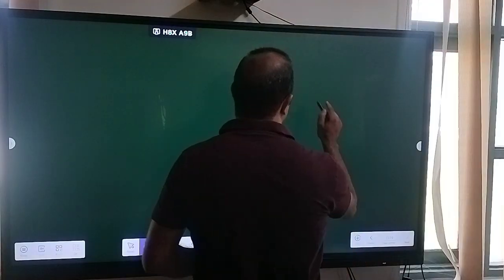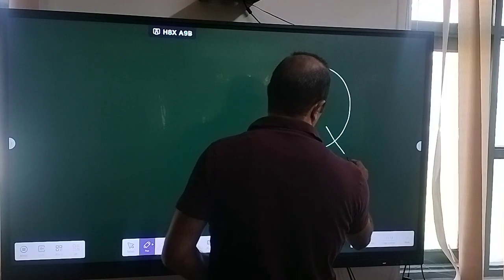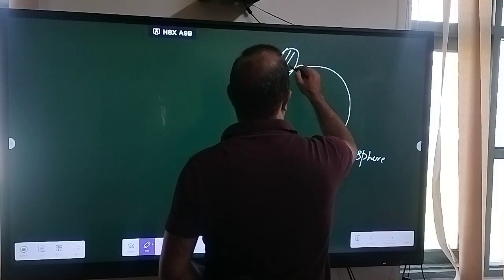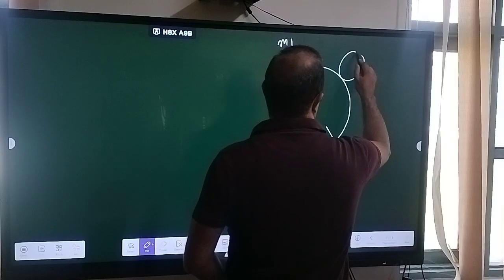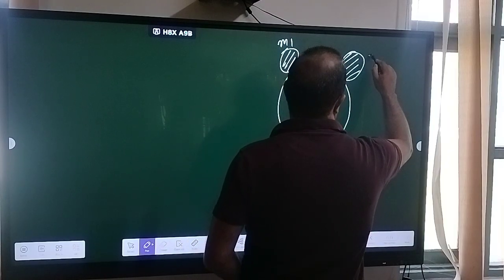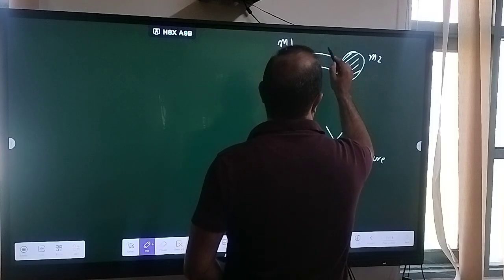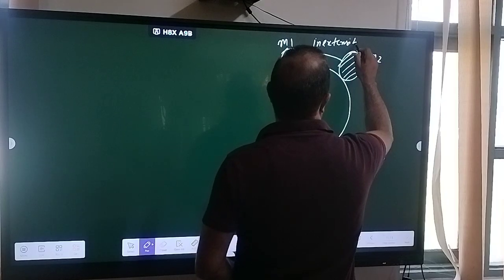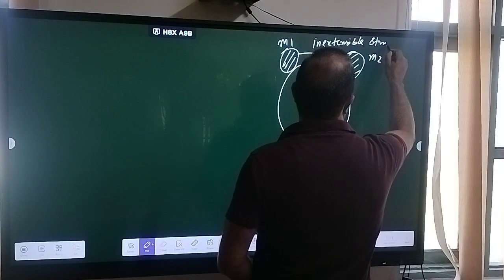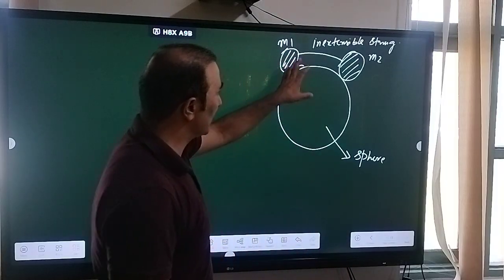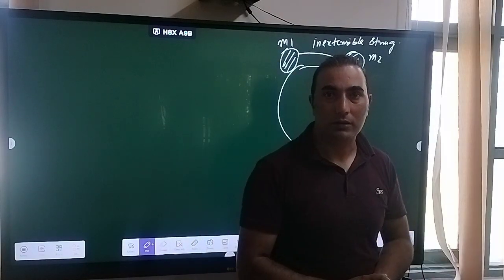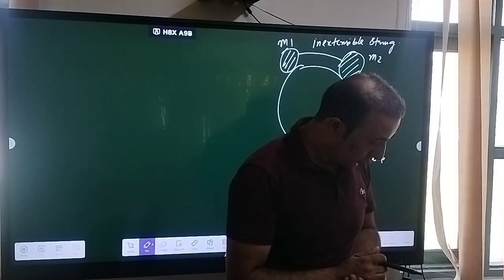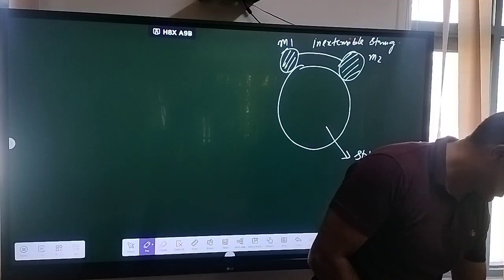So that means if I consider again a sphere, so having two masses, so this is mass m1, so I connecting these two, तो इनको मैं connect कर रहा हूँ, दो mass को connect कर रहा हूँ with that inextensible string. So in that case, what should be the degree of freedom?